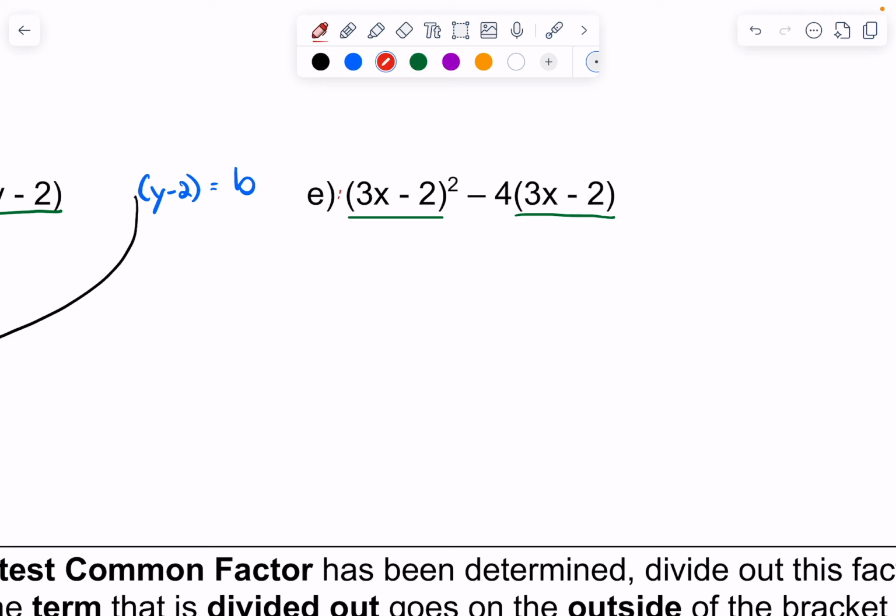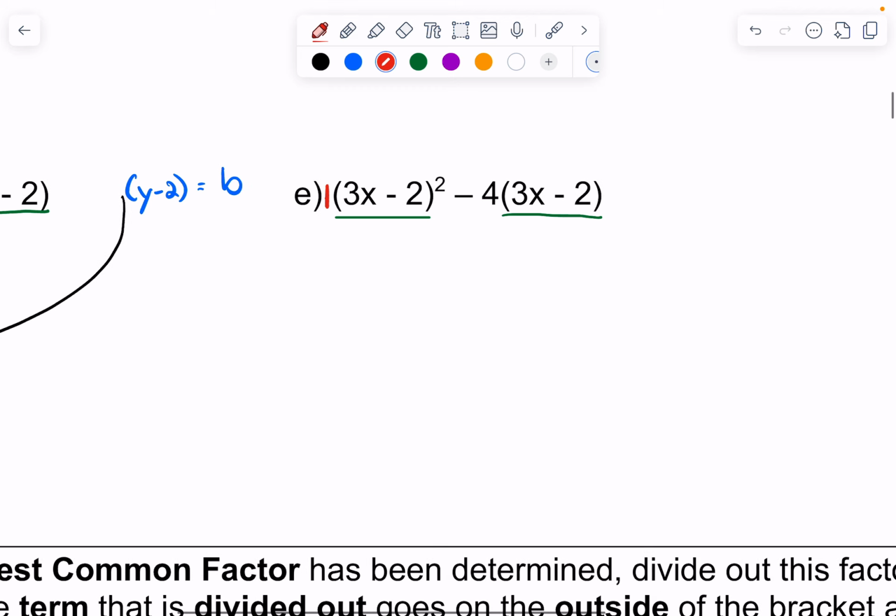Here, there's a number, technically that's 1 times a bracket. Here, there's the number 4. Well, in terms of the numbers, we can't pull anything out. This is already having a value of 1. That's the smallest you can get. So the things we've underlined in red, we can't do anything with those.